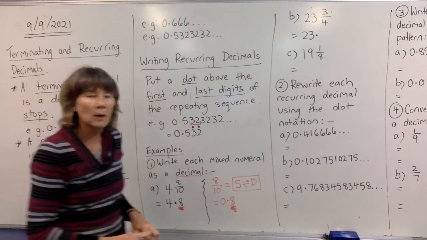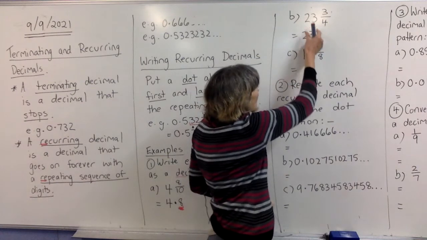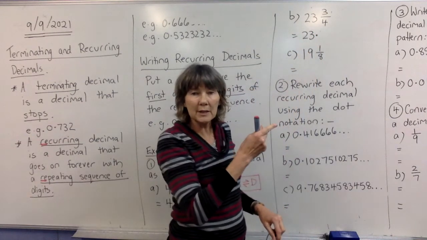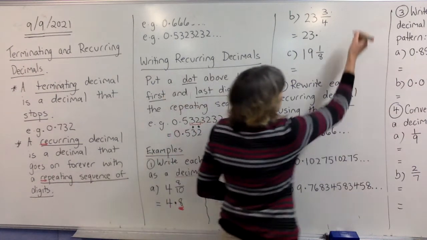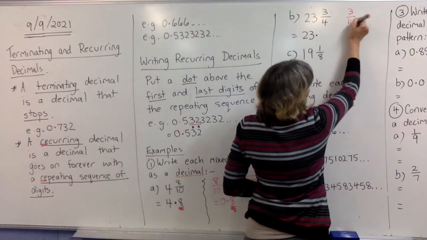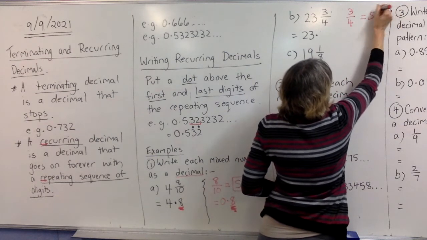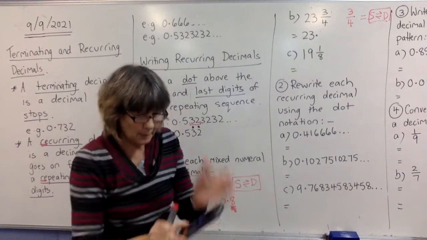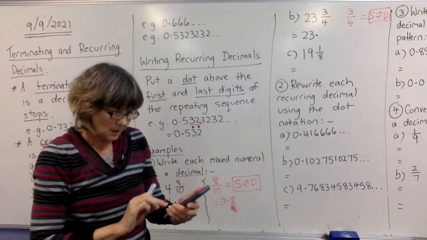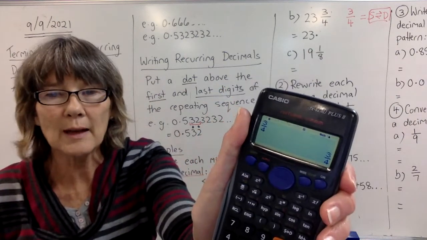Okay, looking at the next one, 23 3/4. 23 is the whole number, that goes before the decimal point. So we're looking at what we've got after the decimal point. So we're going to put in our calculator 3/4 equals SD and see what it gives us. So let's do it on the calculator. Press your fraction key. 3 over 4 equals, and it'll give you that.